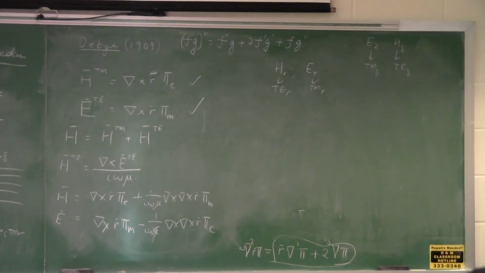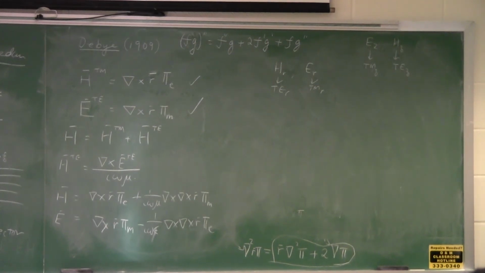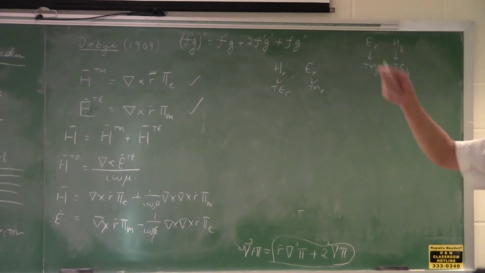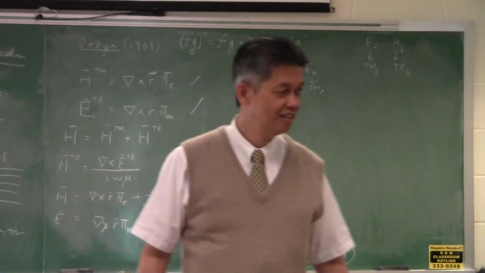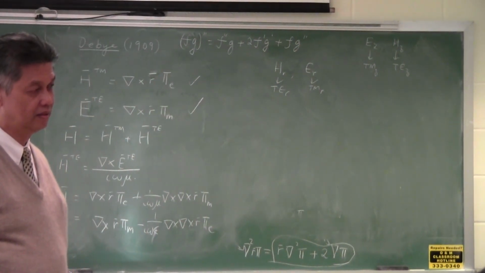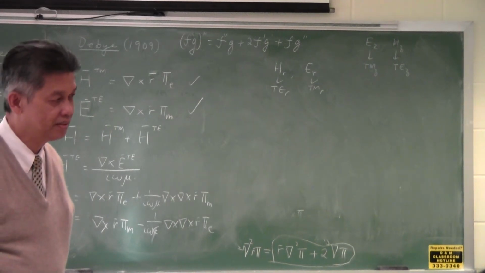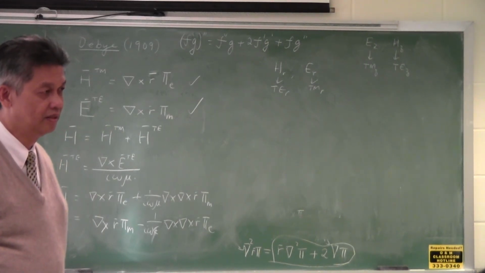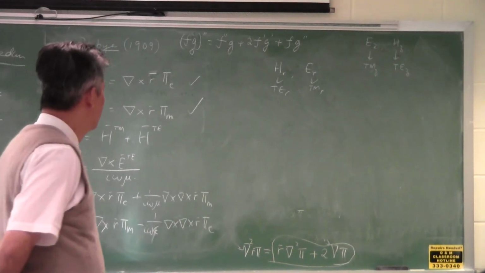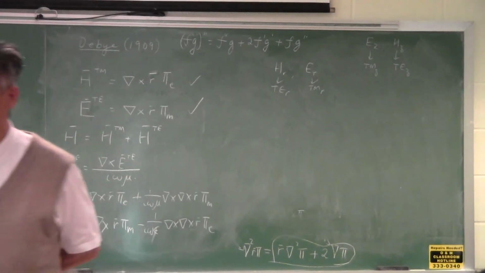Aren't pi E and pi M analogous to the potentials that we use, A and F? Are you talking about another course, the Coulomb gauge, the scalar potential, the electric vector potential?